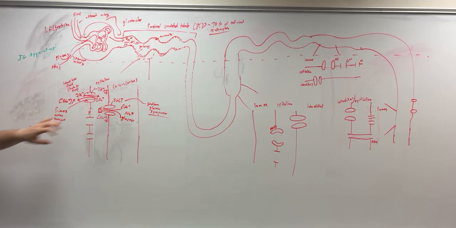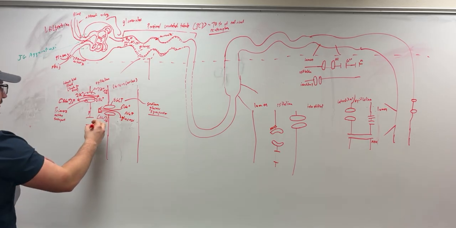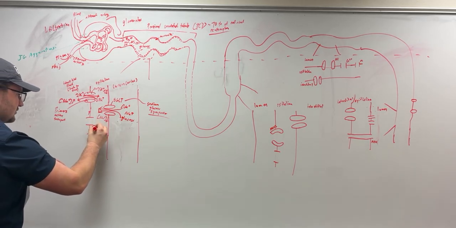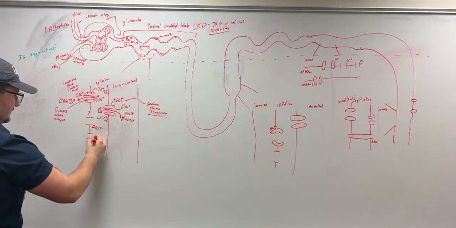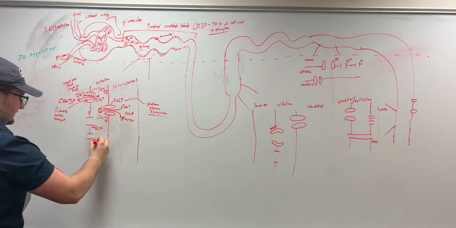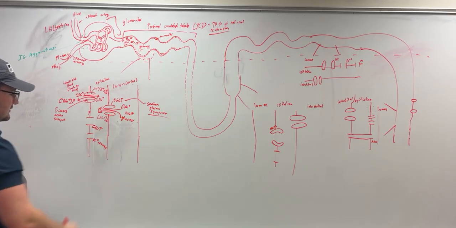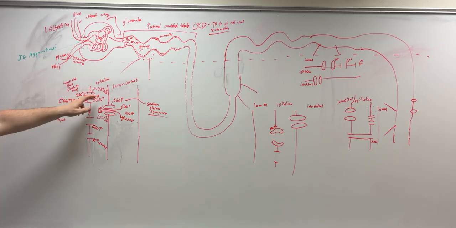And then the last two channels I want to talk about here are a lot easier. You have a GLUT transporter, and we have a potassium channel. So let's say that we pumped this potassium into the epithelial space, but we might want to reabsorb that potassium. We might want to keep that potassium.